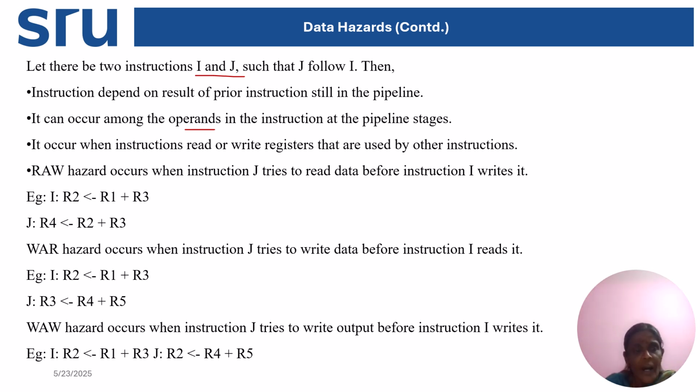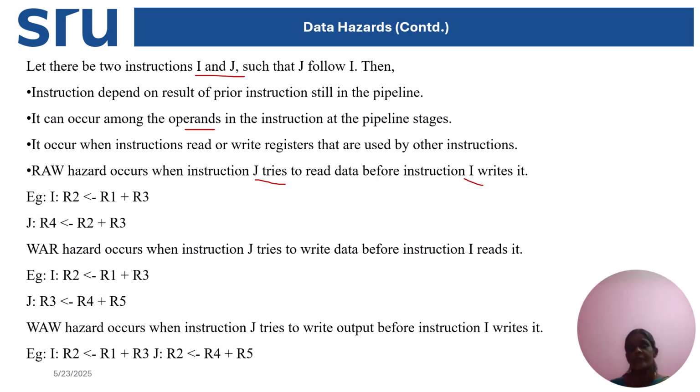And then it occurs when instructions read or write registers that are used by other instructions. So read or write means taking the output from the previous instruction. That is write operation only. And then, the first one, read after write hazard, occurs when the instruction J tries to read data before instruction I writes it.